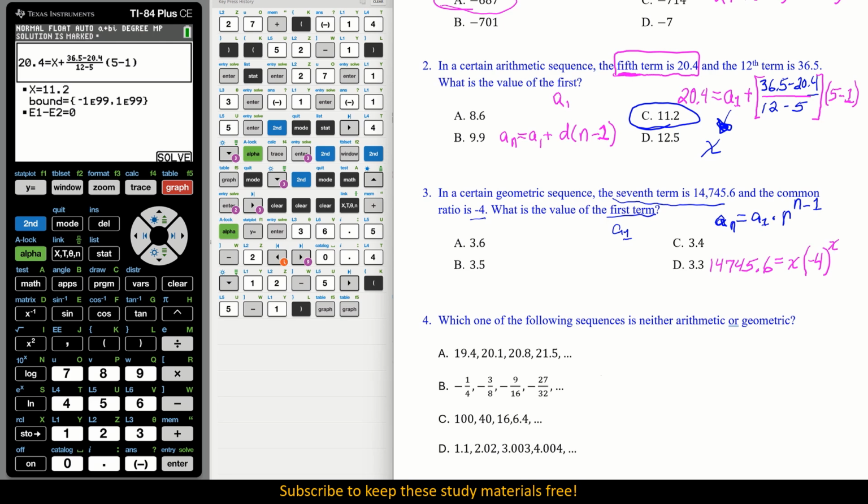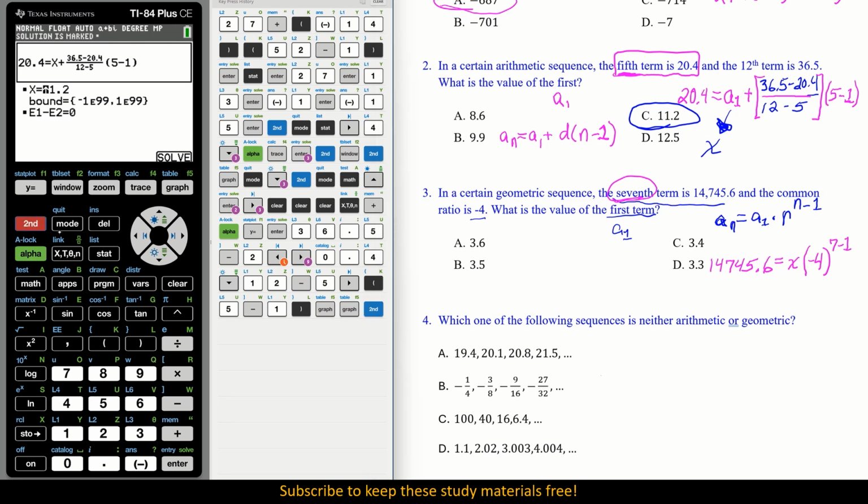Actually, we do know, we are in 7th. So we need to erase that and put 7 minus 1. And I know that's 6, but I'm going to go ahead and use 7 minus 1. So you see where it all came from.